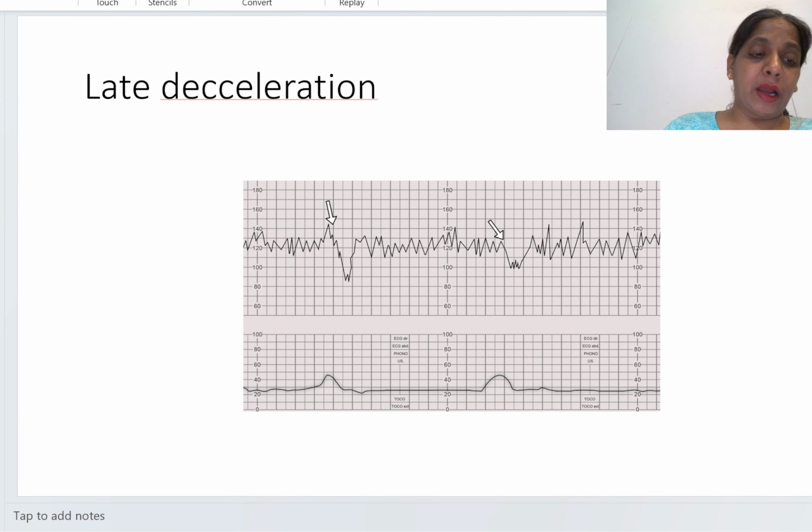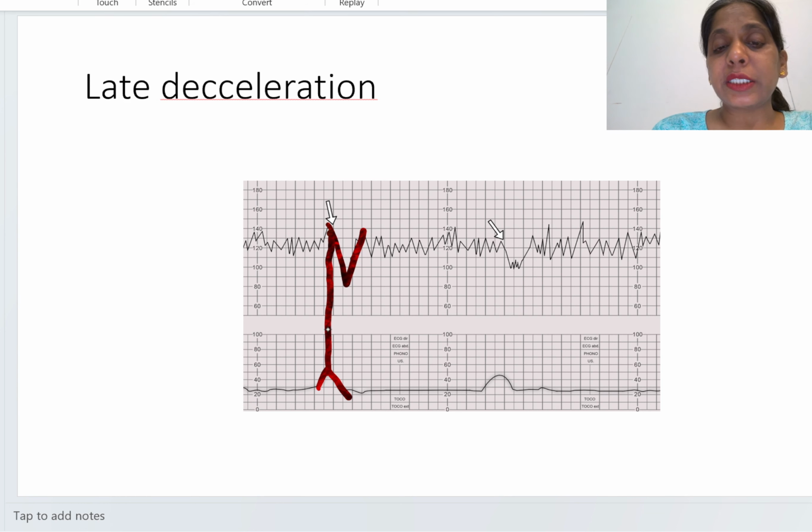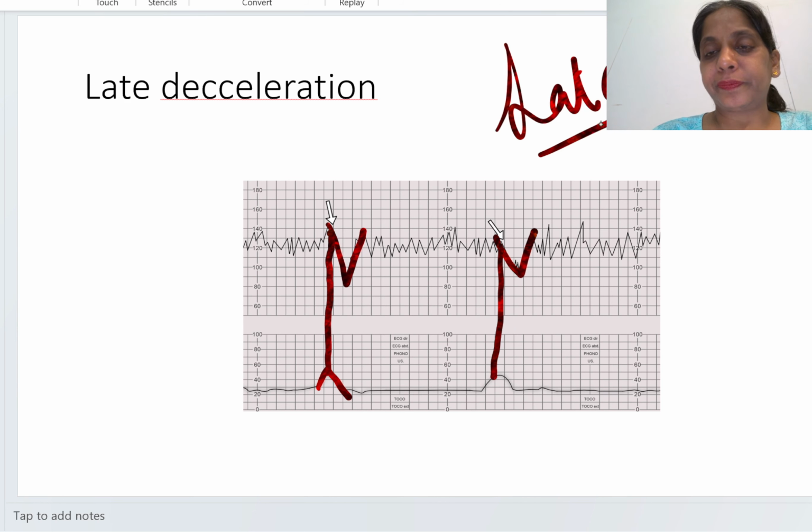Now let us see a graph of late deceleration. This is the contraction peak. You can see that it started just after the contraction. Here again is this peak, and here again it started just after the contraction peak. So this is the example of late deceleration.